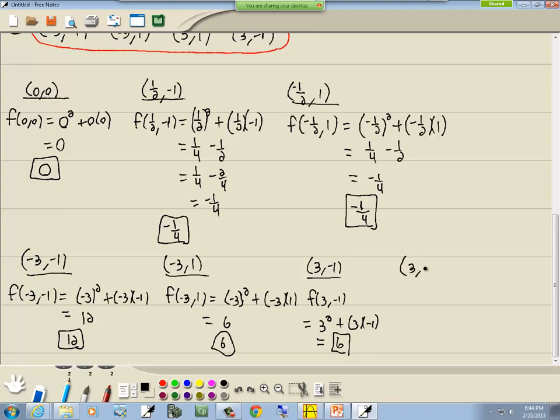And then 3 and positive 1, we'll plug it in: 3 squared plus 3 times 1, which gives us 12. Okay, well, our smallest values are these two right here. So these are our absolute mins. Those are our smallest values. And our 12s here are absolute maxes.